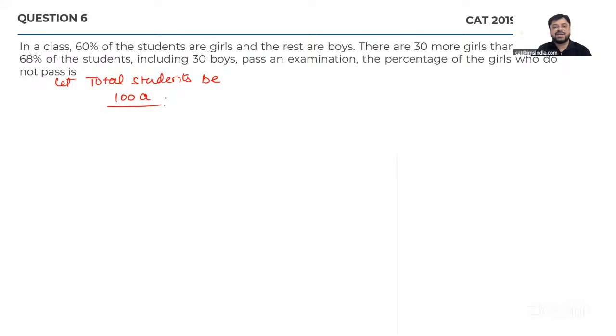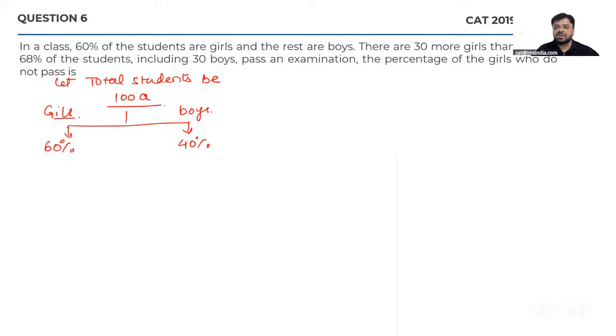If there are 100A, then 60% of the students are girls and the rest are boys. Girls 60%, boys 40%.